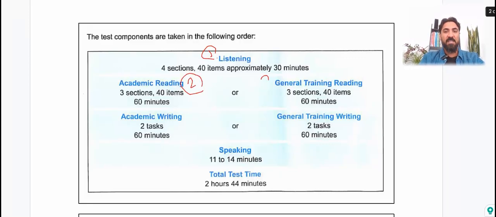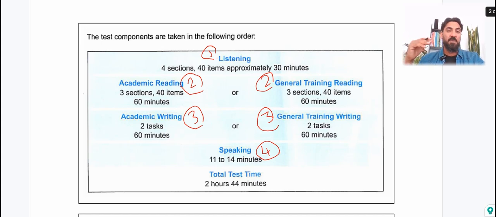Then you will be tested on the writing, which is the third section of the exam. And the last but not least is the speaking section, which you will be tested sometimes before the exam and sometimes after the exam in a different session or on a different day.